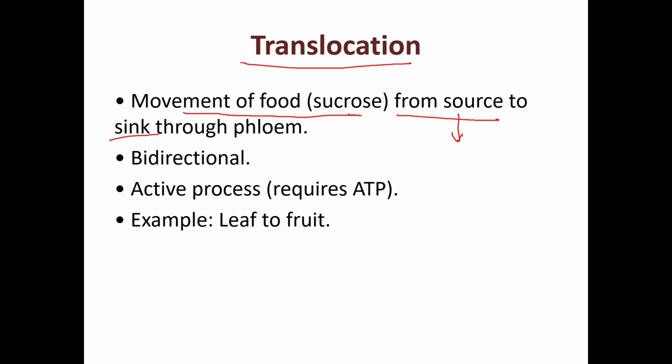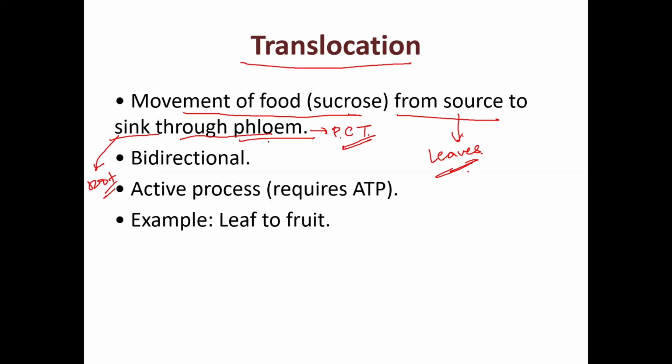What is the meaning of source? Source is the portion where food is prepared. Source is the leaves because photosynthesis, the process of making food, happens in the leaf. The leaf acts as a source, whereas the sink is the root system, where the food must be transported with the help of phloem. Phloem is a kind of permanent complex tissue.